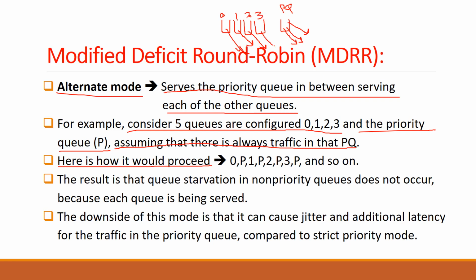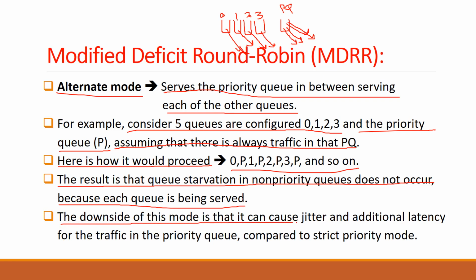And then a packet from Q3, and then a packet from the priority queue, and so on. The result is that queue starvation in non-priority queues does not occur because each queue is being served. But the downside of this mode is that it can cause jitter and additional latency for the traffic in the priority queue compared to strict priority mode.